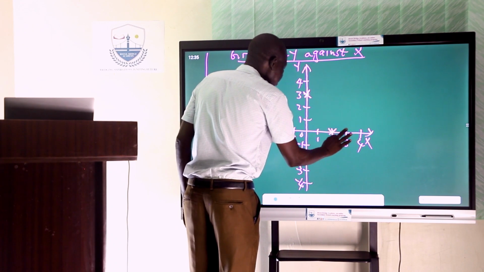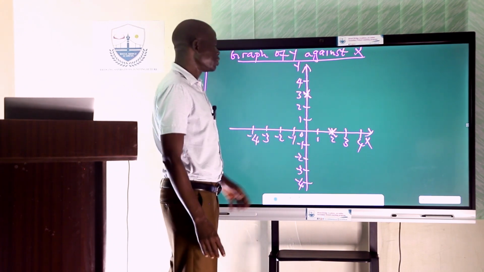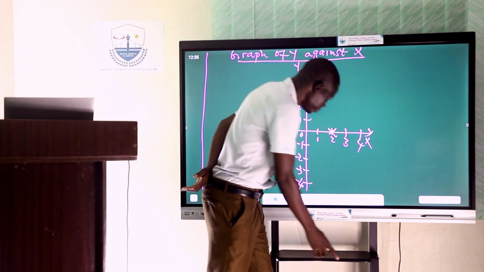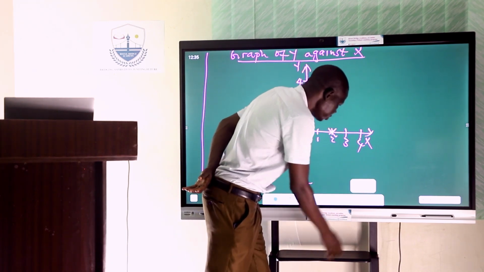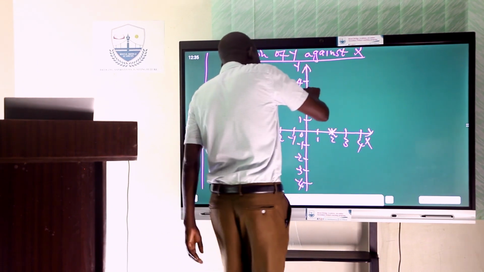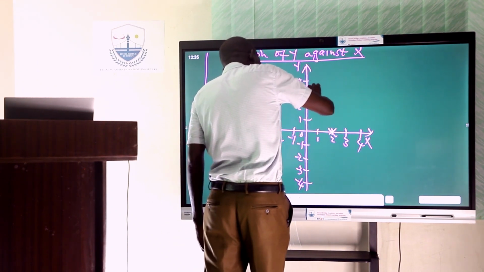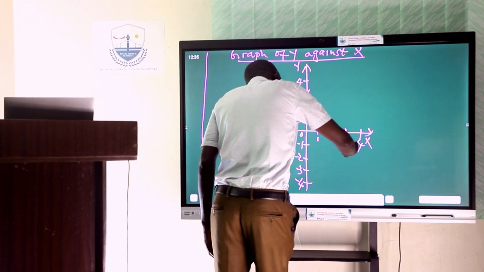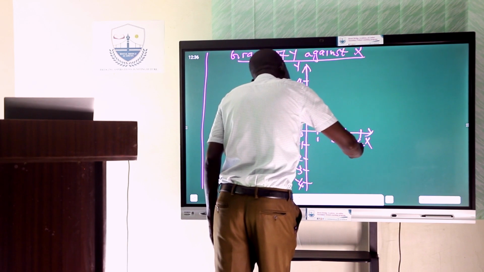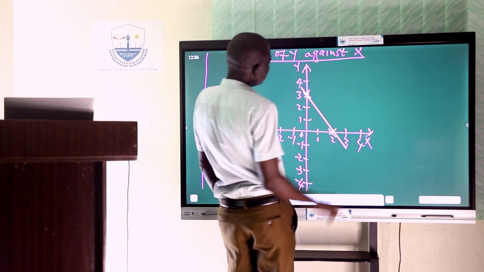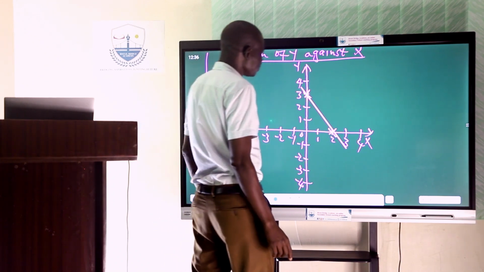The point will be there. So we are going to join those 2 points by using a straight line. I'm going to join this point to this one by using a straight line. Like that. This is the straight line.